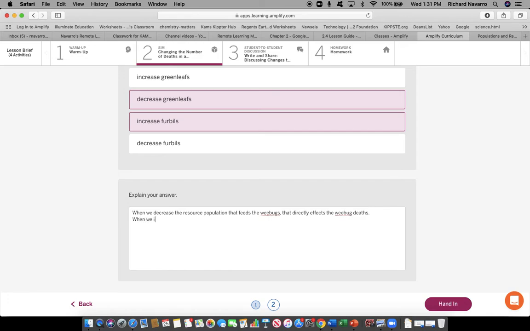When we increase the consumer population that feeds on the wee bugs, that directly affects the wee bug deaths increasing as well.